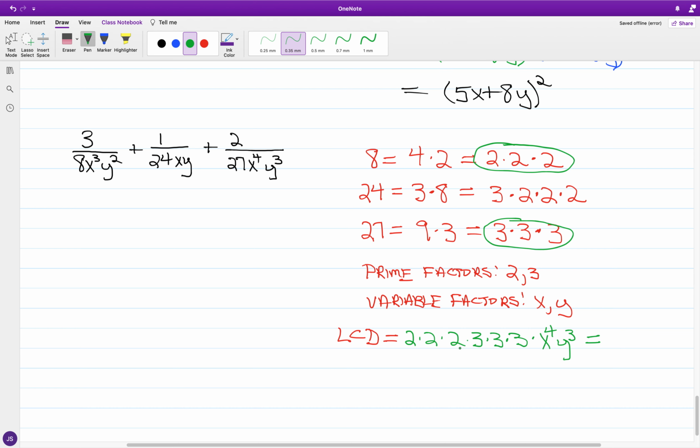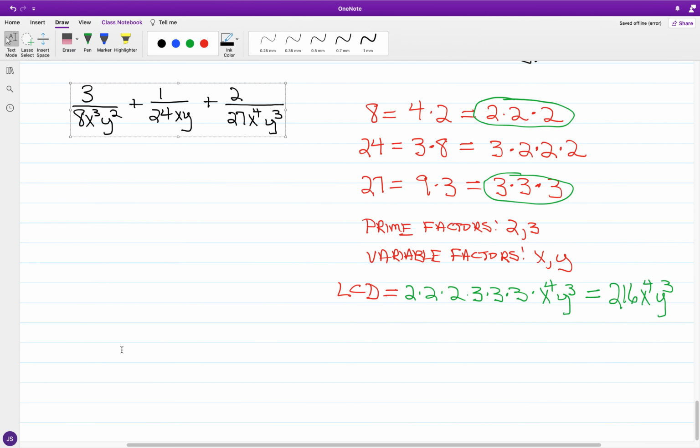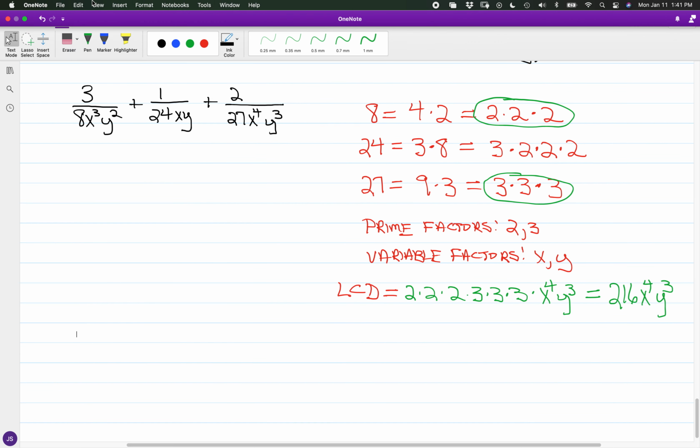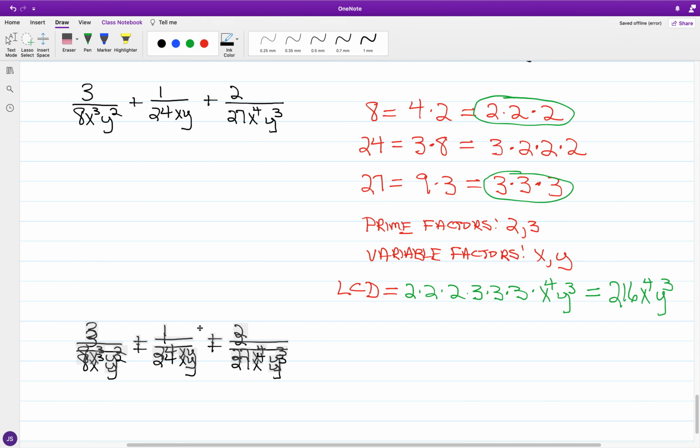And for the least common denominator, you get 8 and 27, so it'd be 216 x to the 4th and y to the 3rd.